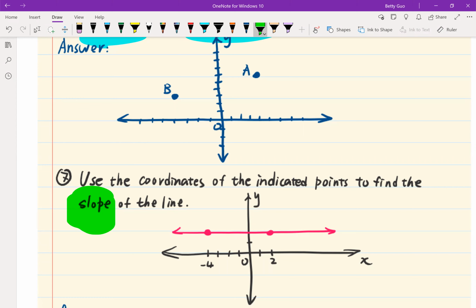Do you remember the slope of a horizontal line? 0. If the line is horizontal, flat, the slope is 0. What if tomorrow the given line is vertical? Then the slope is undefined. The only correct way to describe the slope of a vertical line is undefined.